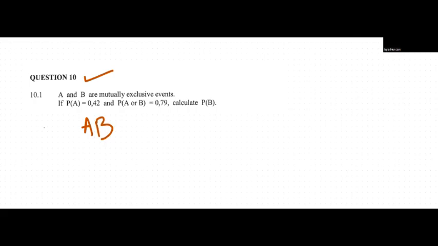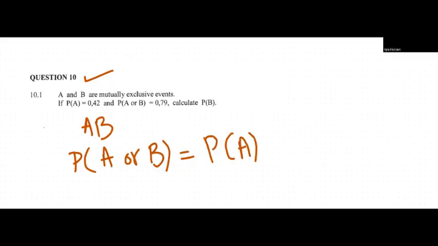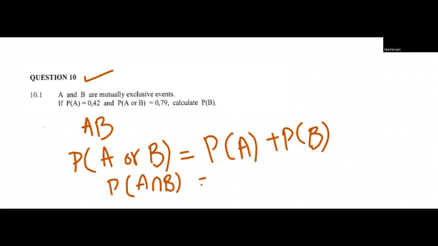So P of A or B equals P of A plus P of B, since P of A intersection B equals 0 for mutually exclusive events. So we need to find P of B.